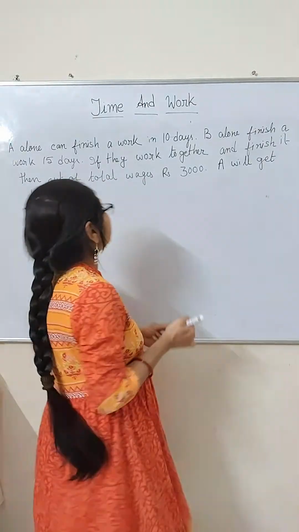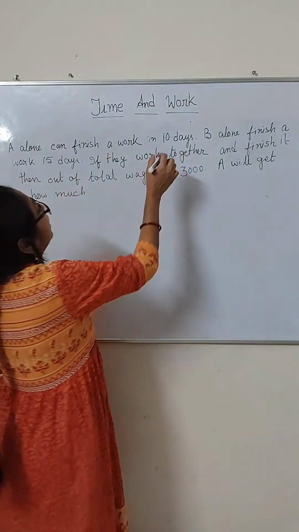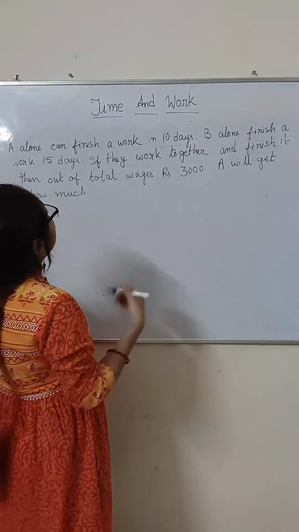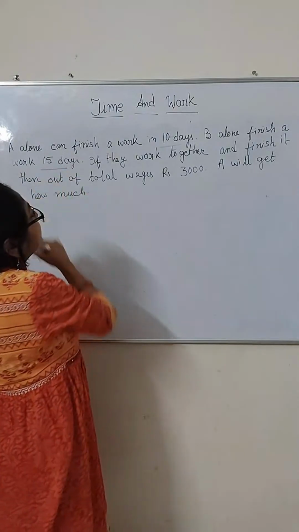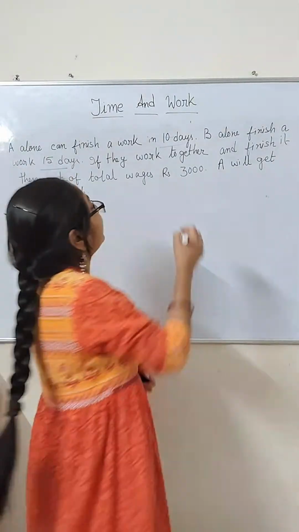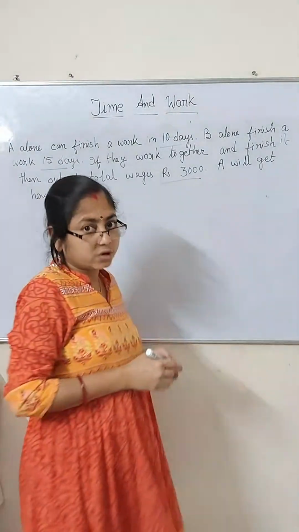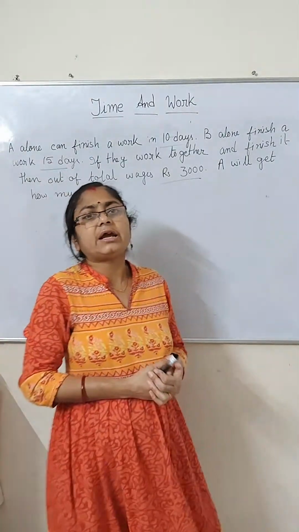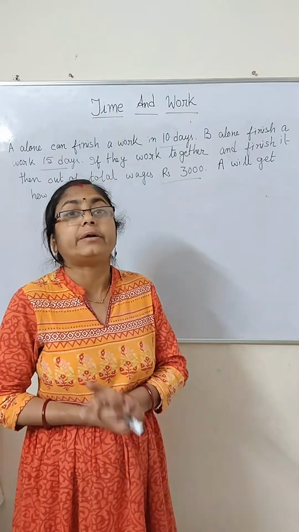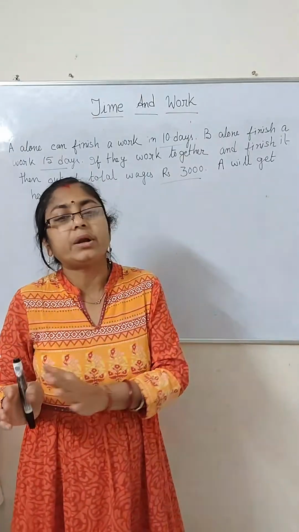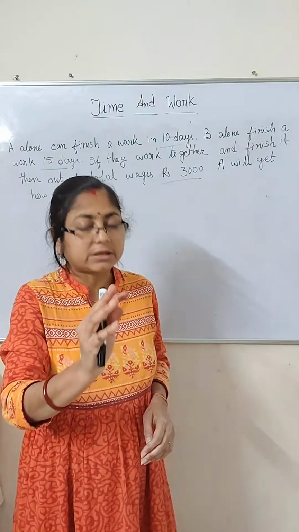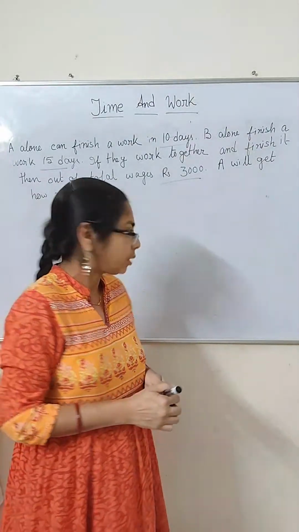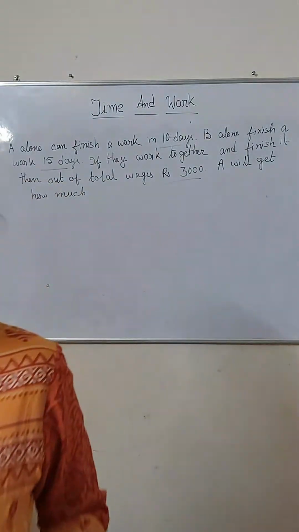So first, what I'm doing, I mark the keyword: 10 days. B completed in 15 days, and the total wages is this one. What I am telling, in every math first you find out in 1 day how many parts they completed. First you find out these 2 parts. Okay, start to do.